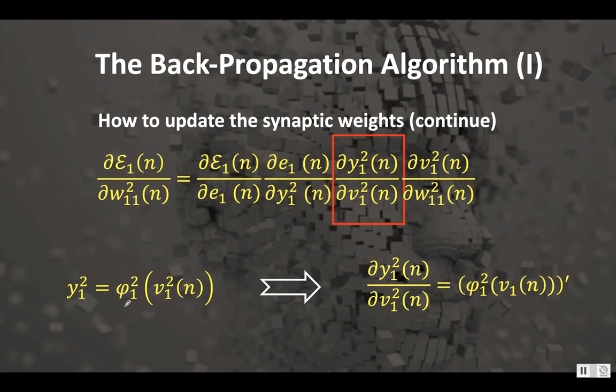Therefore, if we do the derivative on both sides with respect to V21, it's nothing but the derivative of the activation function with respect to V21.